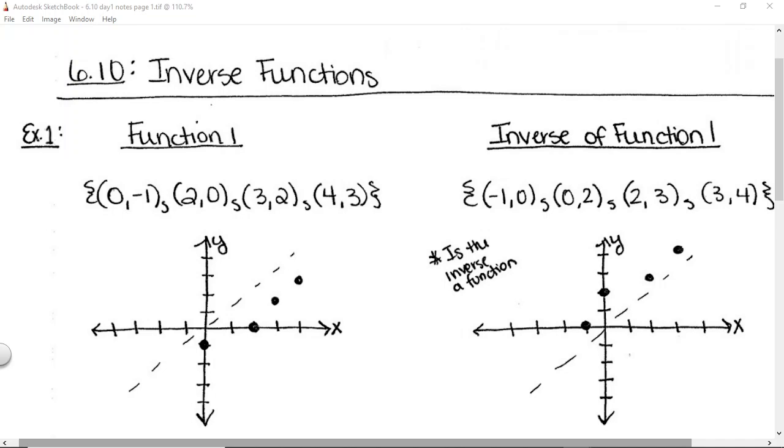So the best way I think to really explain what inverse functions are is just look at an example. So we have here a function, and this one is given in the form of ordered pairs. So we don't have a rule to generate the output values. We just are given the output values for each input value.